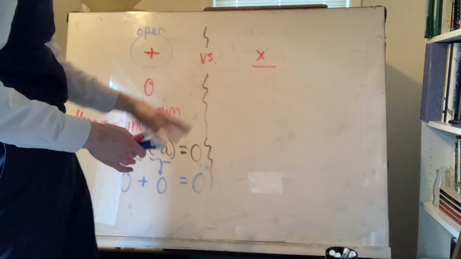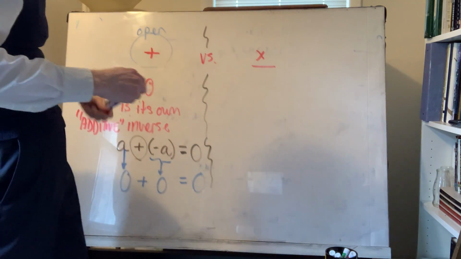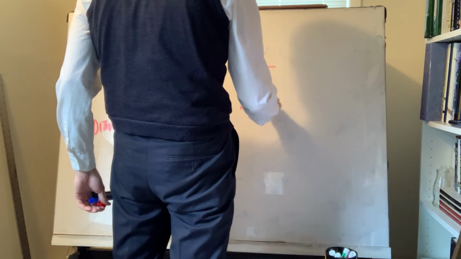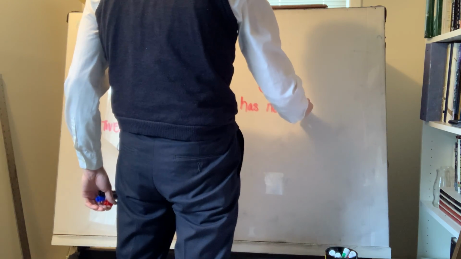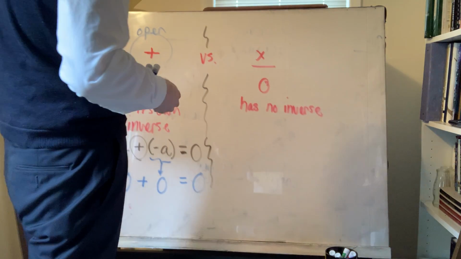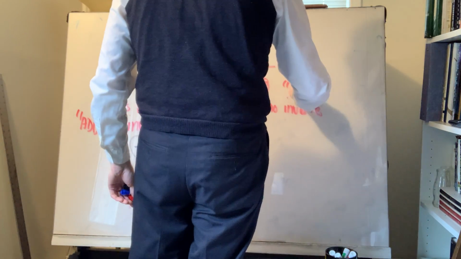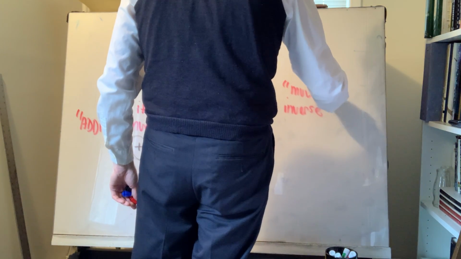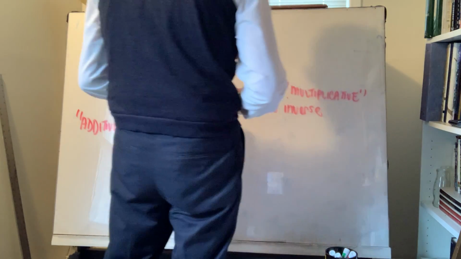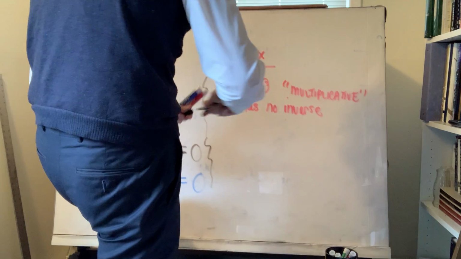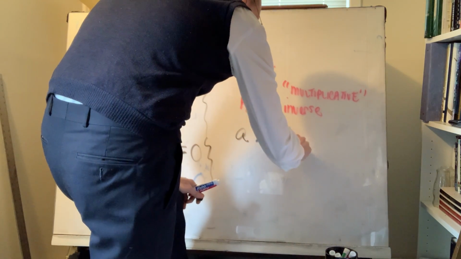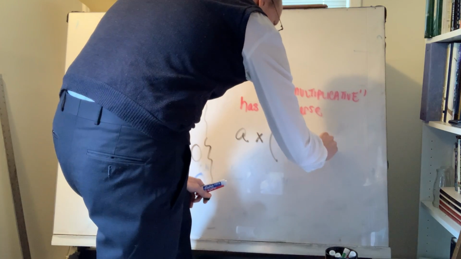When it comes to multiplication, 0 has no inverse. Remember the model: no multiplicative inverse. The model is this: a times 1 over a should equal 1.